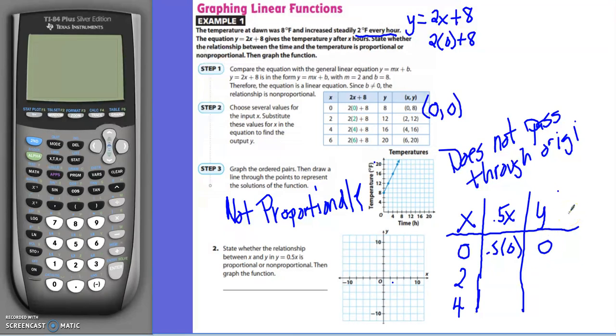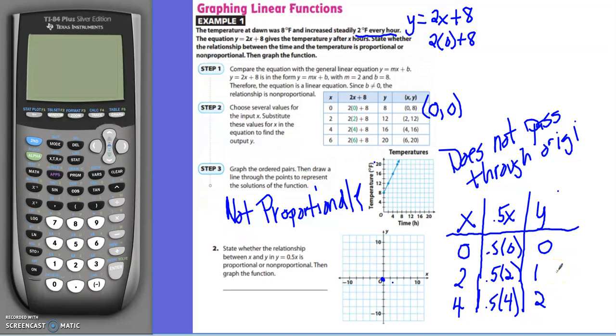So if we do 0.5 times 0, we get 0. You plot the ordered pair 0, 0 right there. Then we have 5/10 times 2. 2 times 5 is 10, and then we go over 1, so that would be 1. And if we did 5/10 times 4, we would get 2.